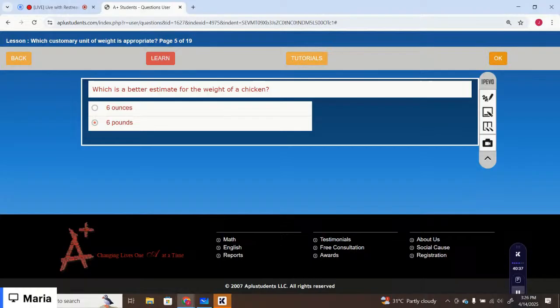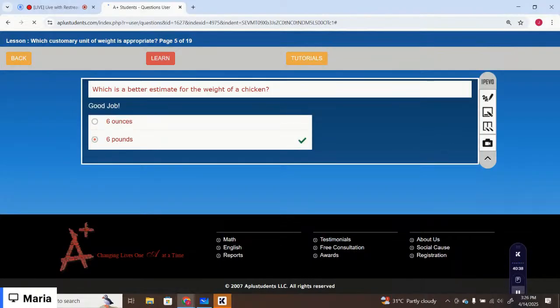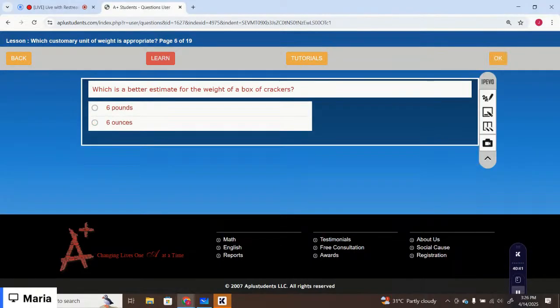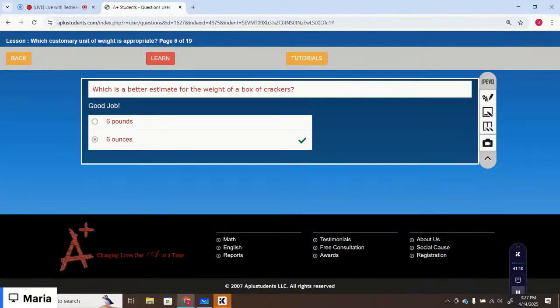Option number two is the correct option. Which is the better estimate for the weight of a box of crackers, 6 pounds or 6 ounces? I think that must be 6 ounces because 6 pounds is too much for the box of crackers.